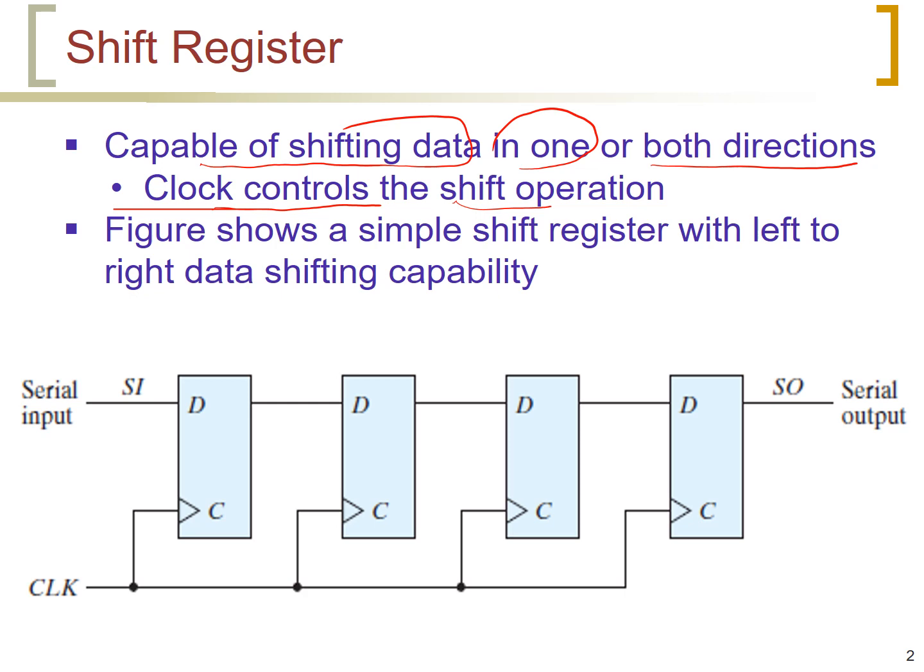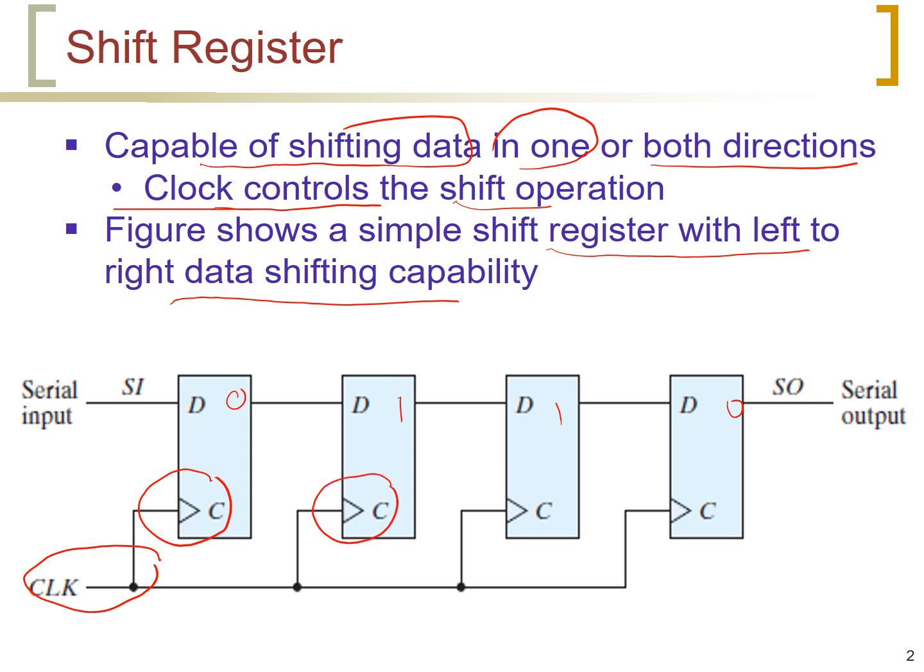The simplest shift register is shown in this figure below, where this register shifts from left to right, as we can see here. So if the register contains 0, 1, 1, 0 as an example, at the clock pulse, either at the rising edge or at the falling edge usually, but this is for the rising edge clock pulse, the data will be shifted to the right-hand side.